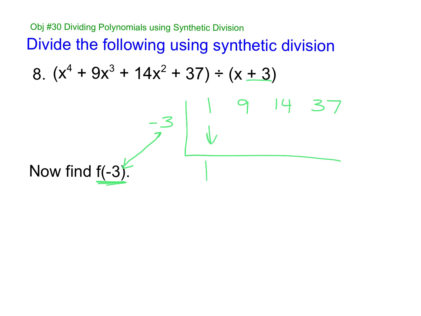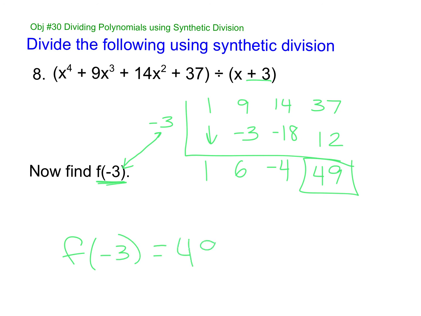Bring our 1 down. -3 times 1 is -3. 6. -3 times 6, -18. Combines to -4. And 12 gives us 49. So what is f of -3? 49. And that is the answer.